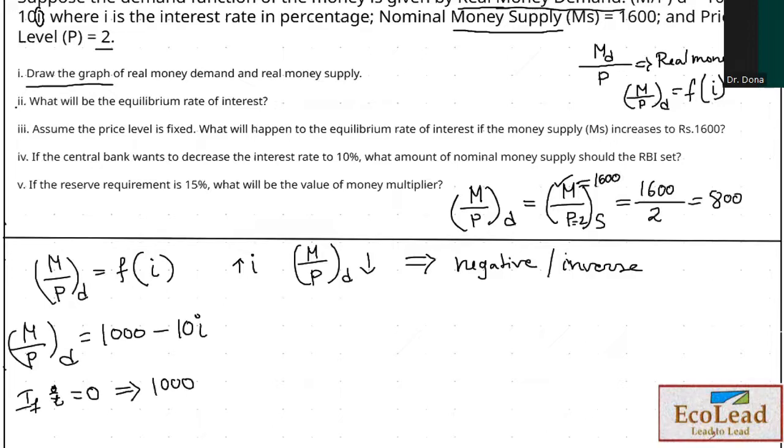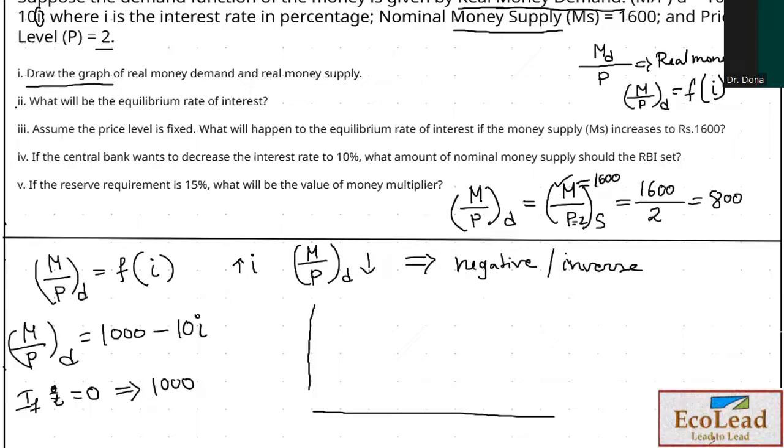That means if there is no interest rate being charged or given, then definitely the money demand is the maximum. What is the maximum amount of money demand? That is 1000. Now, if we take an xy plane where on the x-axis we will measure the money demand and on the vertical axis we will measure the nominal interest rate, what is the value where the value of I will be 0?